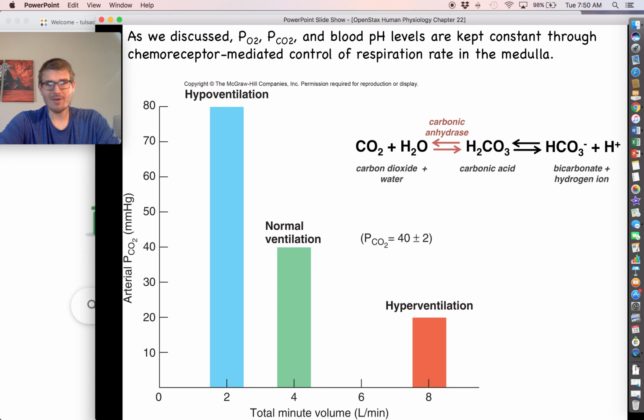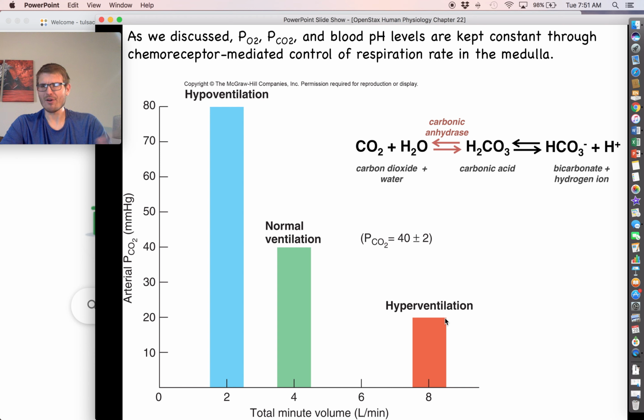You are bringing way too much oxygen in and getting too much carbon dioxide out. The set point for carbon dioxide is usually about 40 millimeters mercury as a PCO2 value. If you start hyperventilating, this number is essentially slashed in half, going down to about 20 millimeters mercury.